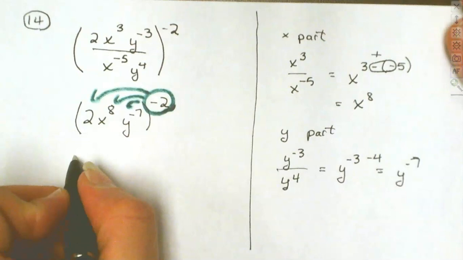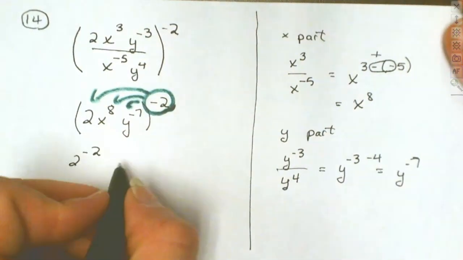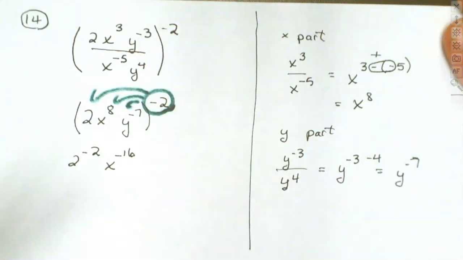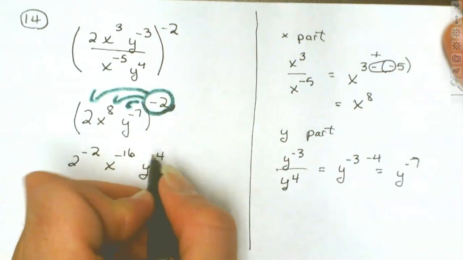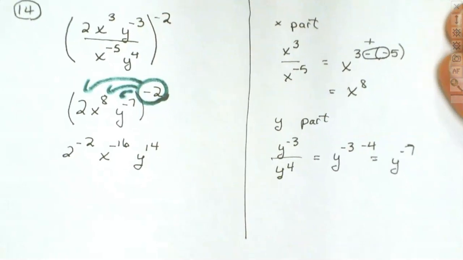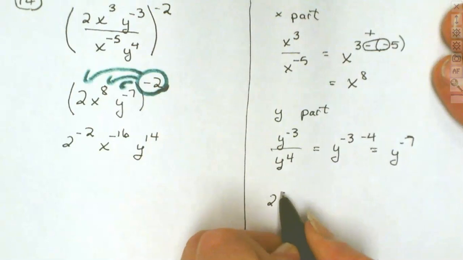And that's going to be 2 to the negative second power. Then we've got x to the negative 16th power. Negative and negative makes that y to the 14th power. Can we have negative exponents? No. Okay. So what about that 2 to the negative second power?